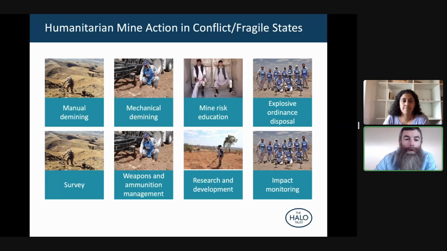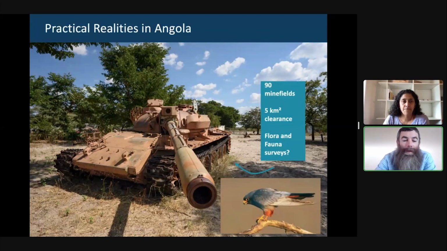We're going to talk about Angola and the most incredible parts of the world. Here we're looking at, I think, the T-51 tank, and with the 22-year-old long civil war that took place in Angola, the amount of minefields that are there, the clearance of battlefields, and well, that's very difficult work.